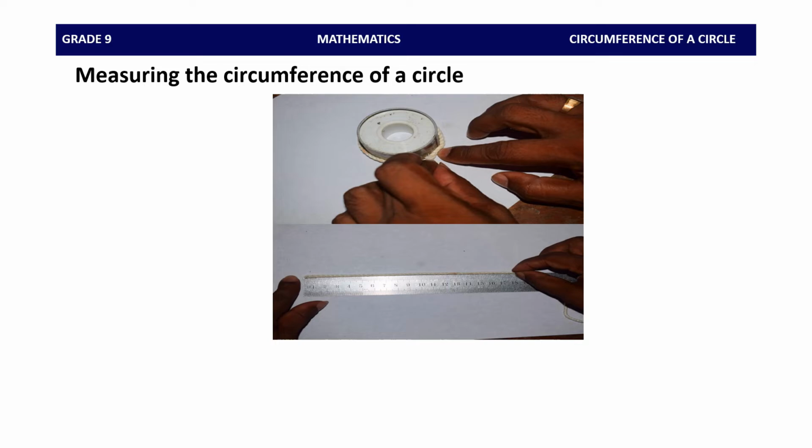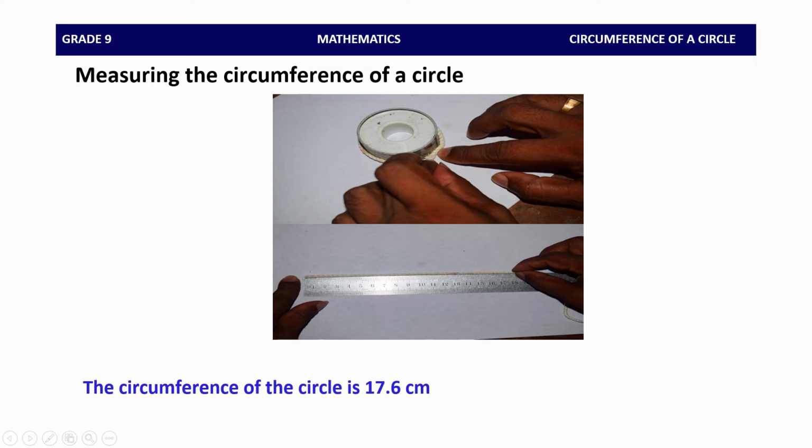The length of the thread is equal to the circumference of the circle. But if it is not possible for you to measure the circumference with the thread, you can use a gum tape and measure the circumference of the circle. Here, the circumference of this circle is 17.6 centimeters.